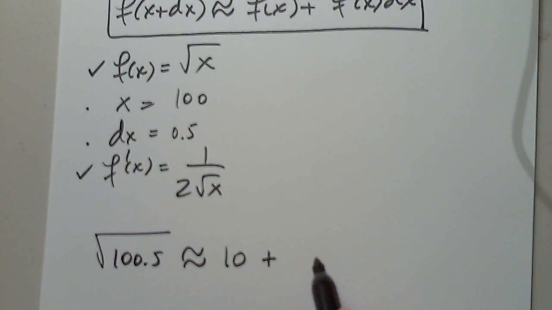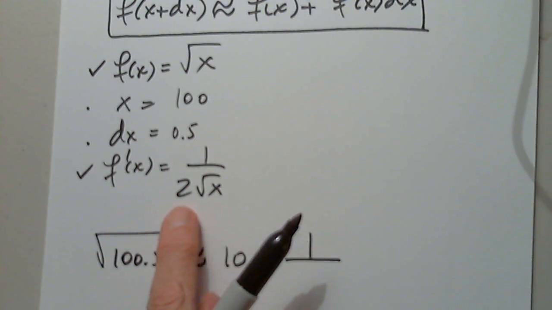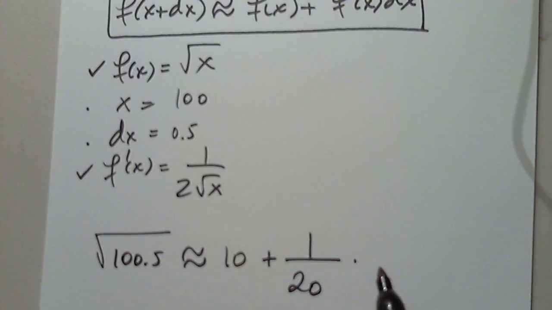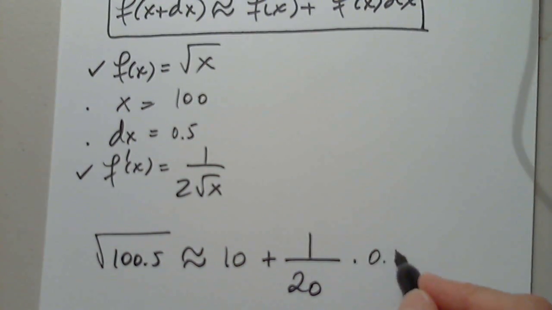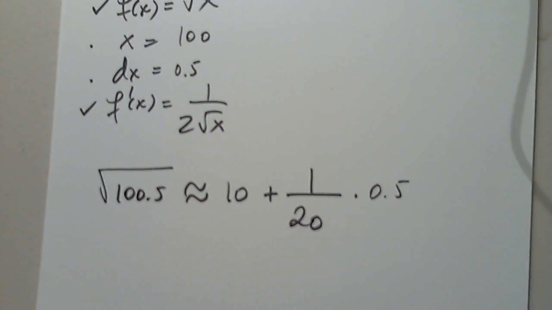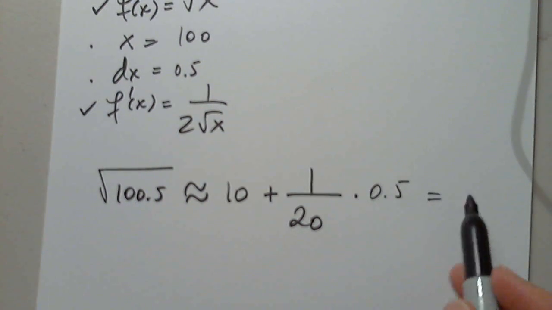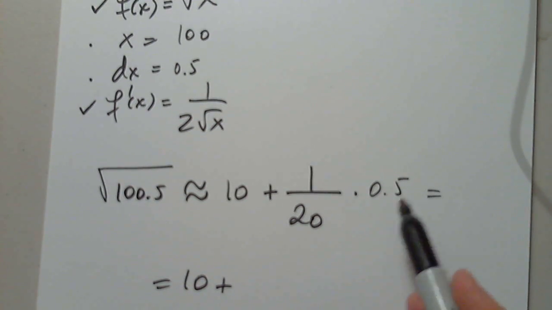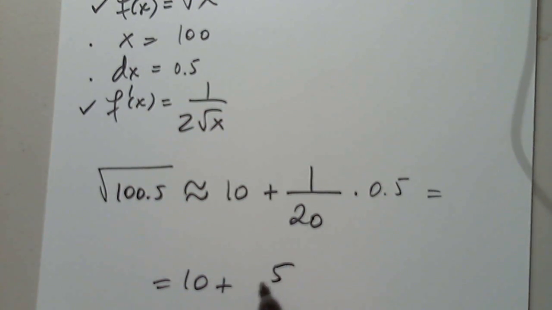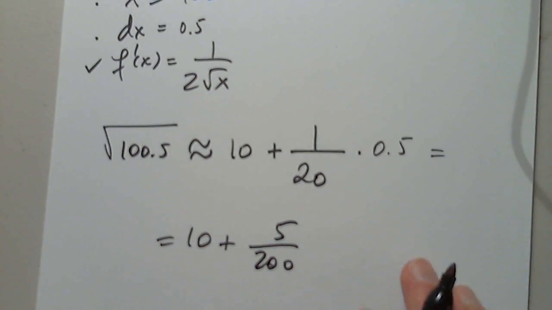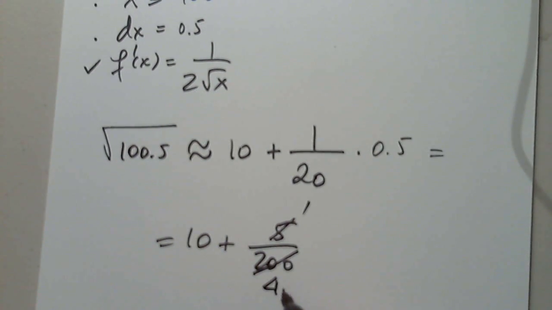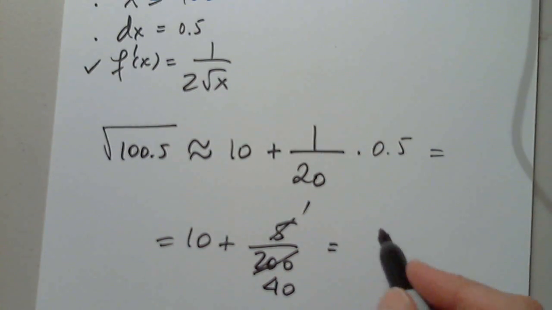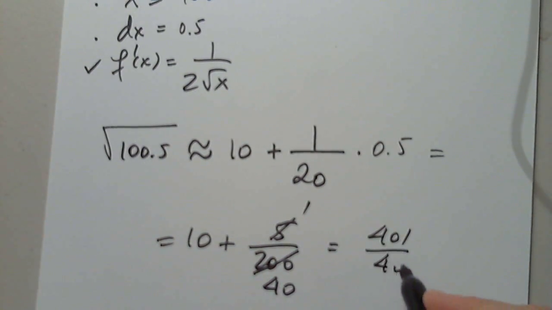F prime of 100 is 1 over 20. That's it. Awesome. Times dx, 0.5. So this is 10 plus. I multiply top and bottom by 10. So I have 5 over 200. I'll simplify by 5. So I have 401 over 40.